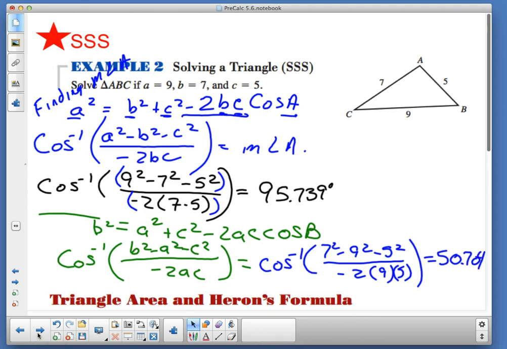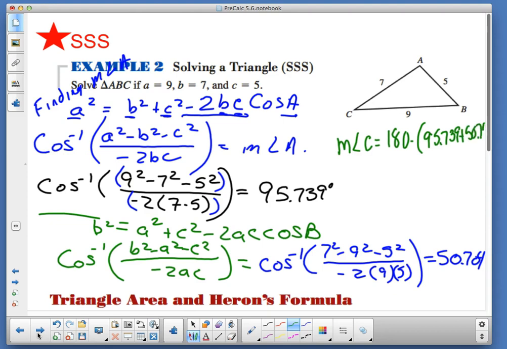Okay, after I do that, I use triangle sum theorem to find the last angle. The measure of angle C is equal to 180 minus A and B. Got 95.739 plus 50.704. That was ugly.